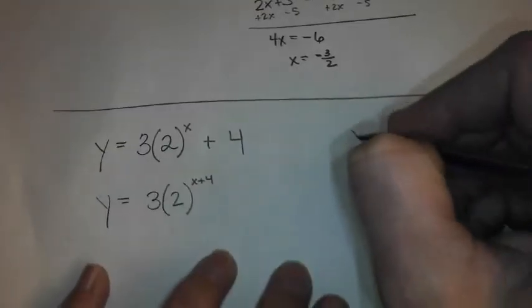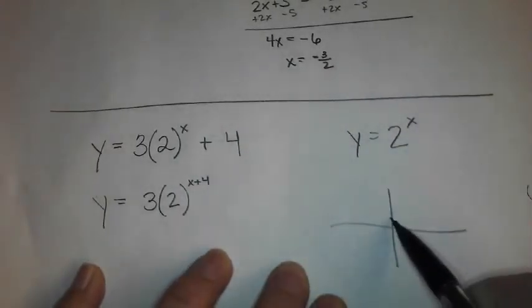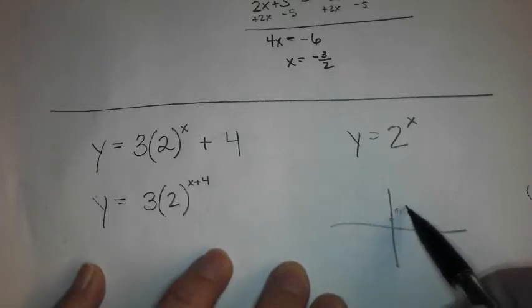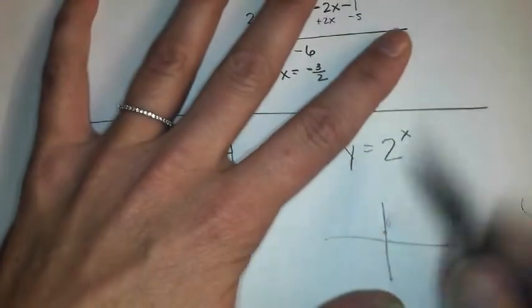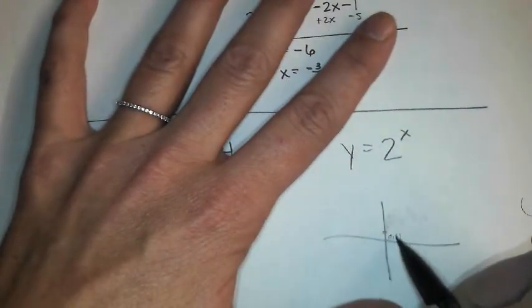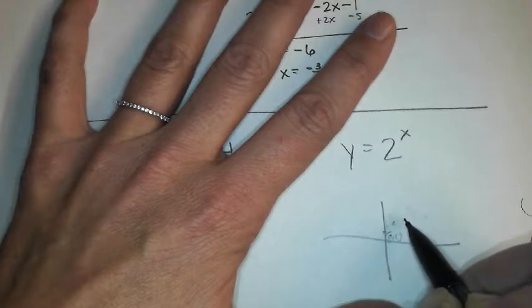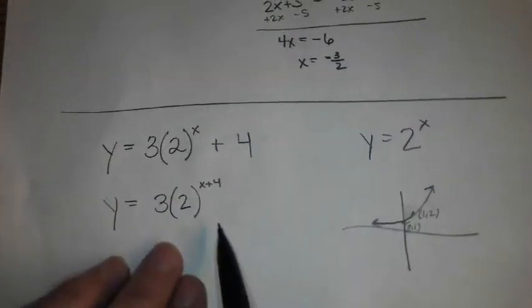The parent graph is this, right? So (0, 1) and (1, 2), right? (1, b). (0, 1), and (1, b). (1, 2). What transformation occurs first?